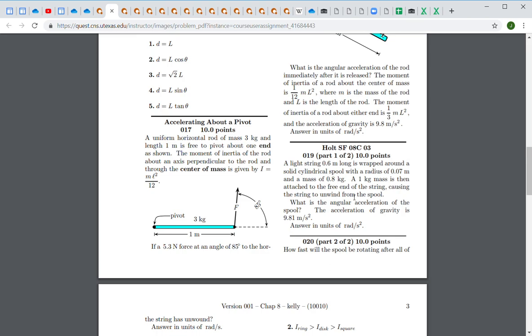That's going to be force times moment arm, and that would be the net torque, and set that equal to I for a uniform cylinder about its axis of symmetry. I think that's 1/2 mr squared.